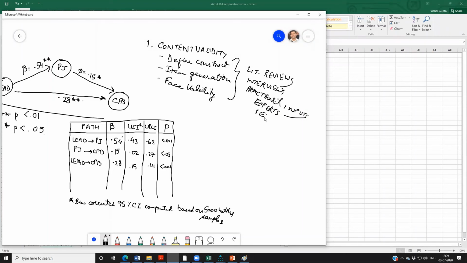Then what did we do? We came to the second part of validity, which we call construct related, convergent, and discriminant.